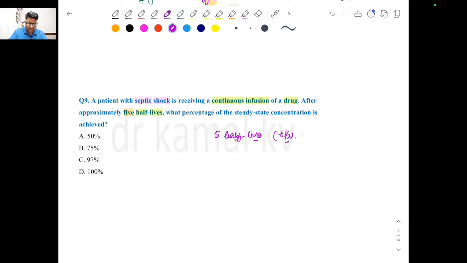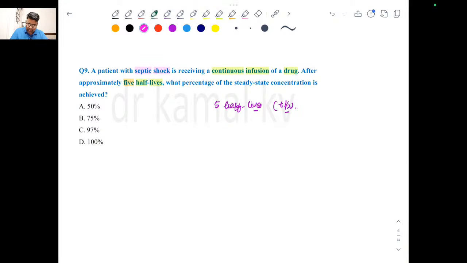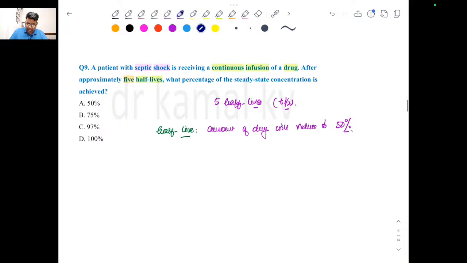So there are two ways, either you can just memorize it as such. Now I think most of you will understand what we mean by the word half-life. Half-life means the amount of drug will reduce to 50%, right? So this is half-life. Now we are taking 5 half-lives, so we have to reduce the value to 50% of the existing value with each half-life.